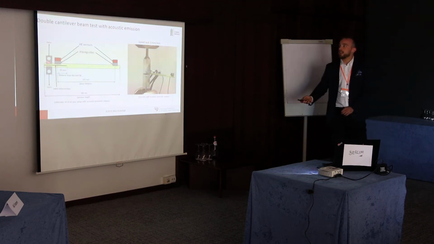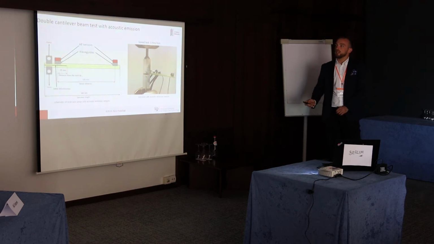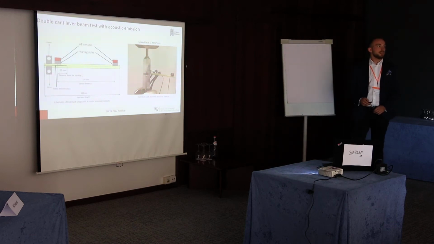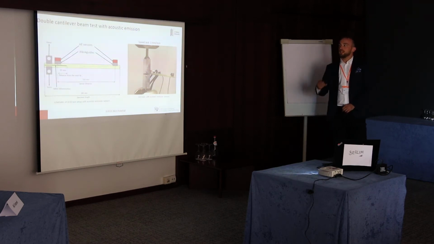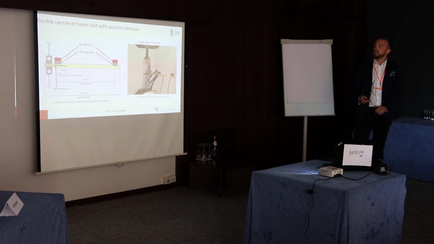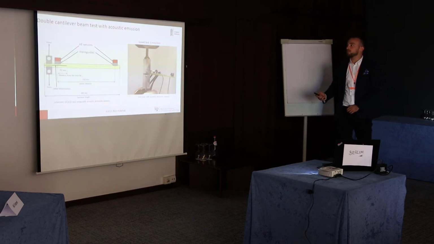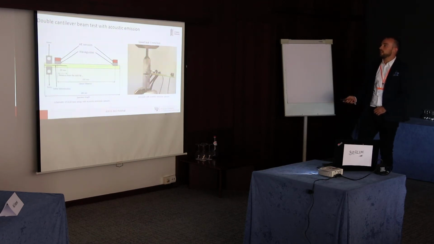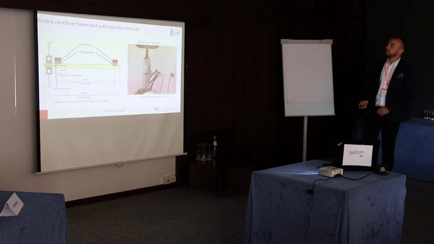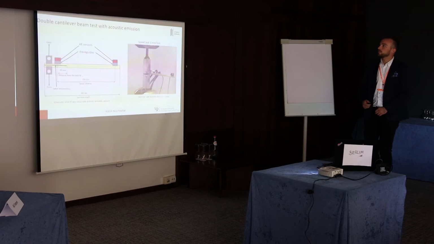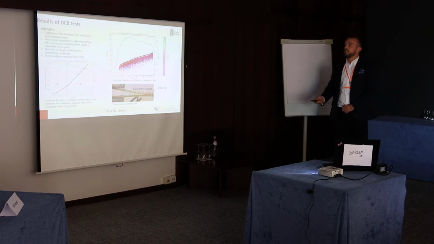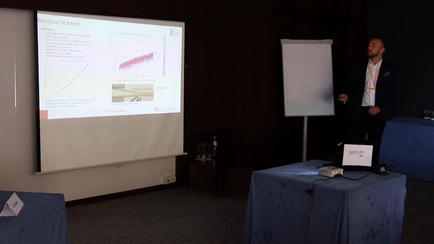There is a crack cut by the wire saw machine, and after cutting the crack, the pre-crack was made for 5 mm of dimension. And here is a picture from one of our tests. And here are the results from the DCB test.